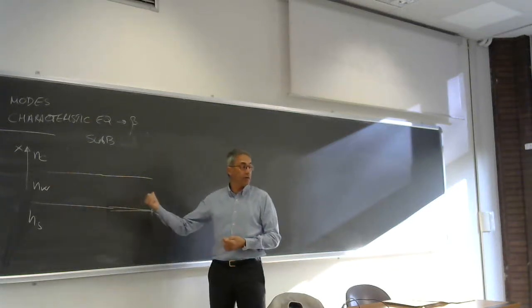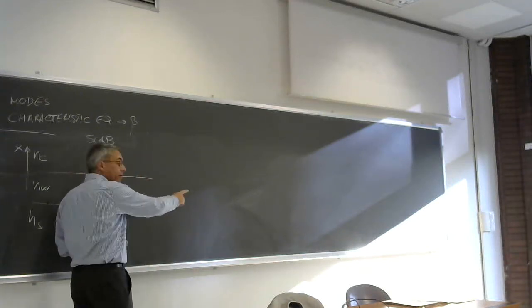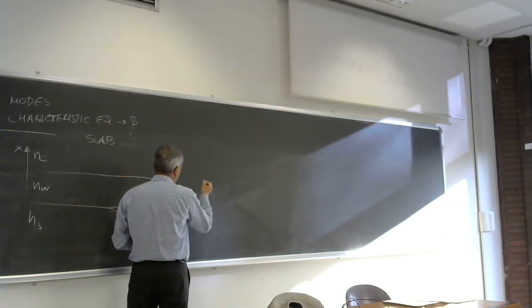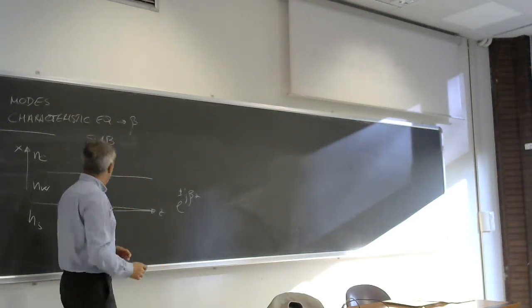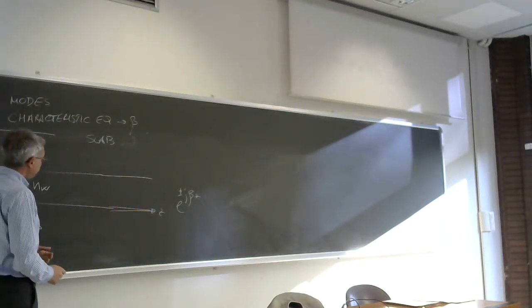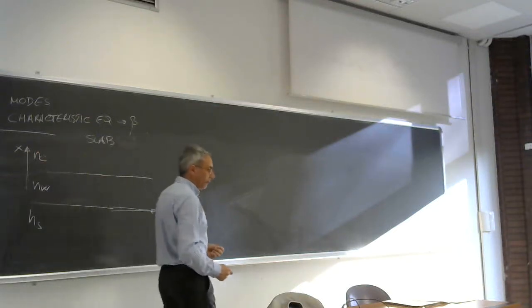Zeta is the direction of propagation, but we know that the dependence on zeta is of this kind, plus minus beta zeta. So this is the assumption. So the problem is easier. And let's try to solve the propagation of this.